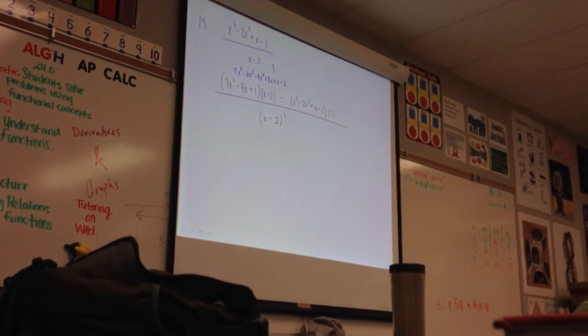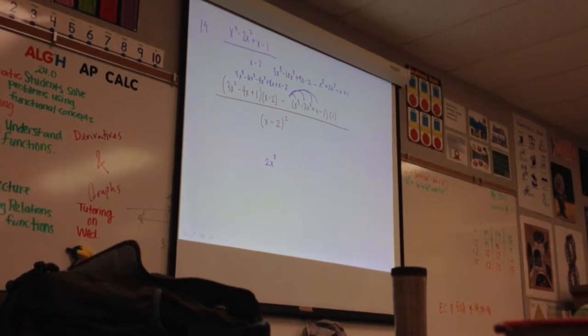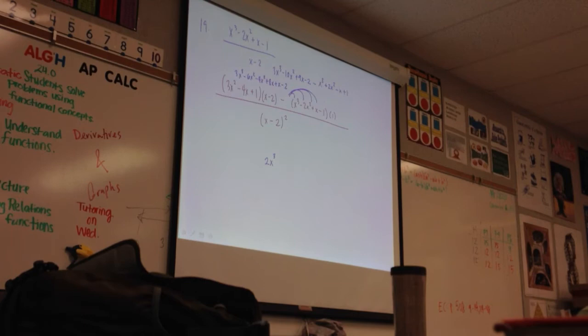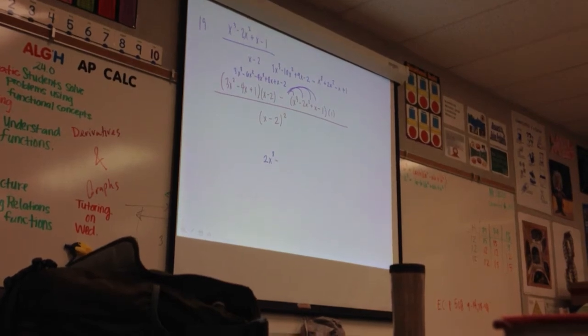Which is 3x cubed minus 10x squared plus 9x minus 2. Minus, and then I'm going to distribute the minus over here, which is a common mistake if you didn't do that. X cubed plus 2x squared minus x plus 1. So that whole top comes out to 2x cubed minus 8x squared.